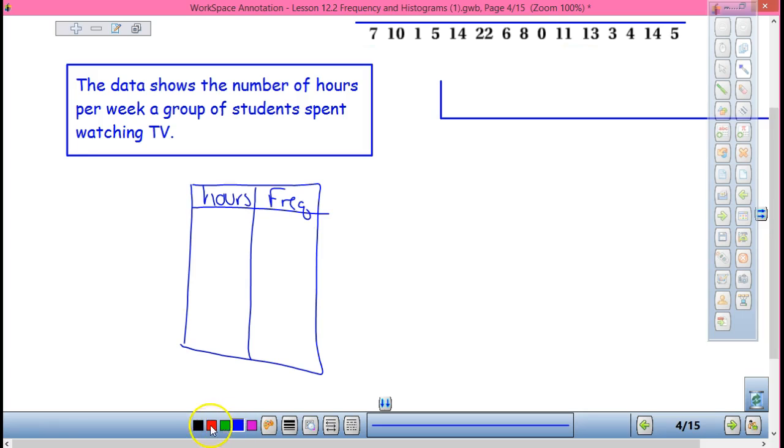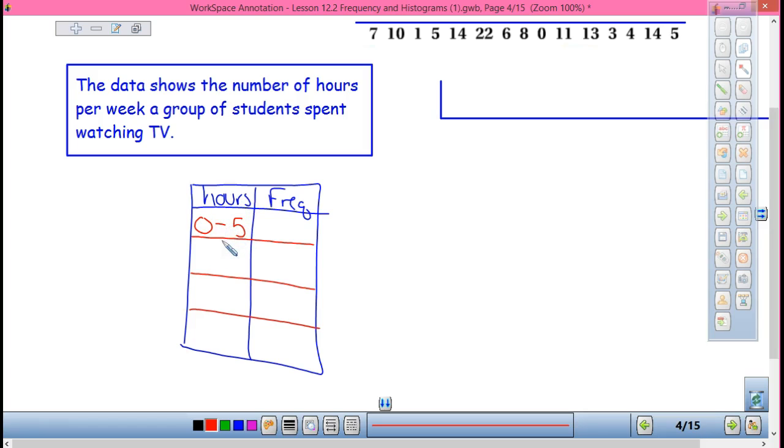So we have to decide what we want our intervals to be. I kind of like to start with, what's our smallest? There's a 0 up there, right? So we've got to include 0. So maybe we go 0 to 5 hours.